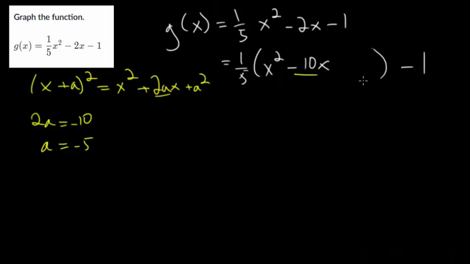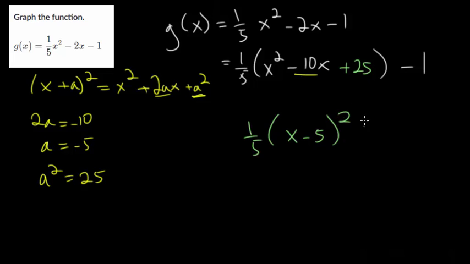And the number we have to add to actually turn this into a perfect square is a squared. So minus 5 times minus 5 would be positive 25. So we're going to add 25 within the parentheses so that we can transform this. It'll become 1/5 times x minus or plus a, but a is negative 5, and that'll be squared.